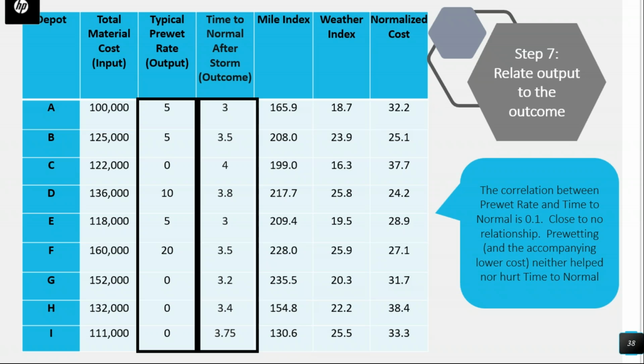It's basically close to no relationship at all, which is saying that in this example, at least, the practice of pre-wetting and the accompanying lower cost that came with it neither helped nor hurt the time to normal. It pretty much just washed out. So in this example, there was a positive change on the budget side and no difference on the outcome. You can consider this example to be a success for budget.